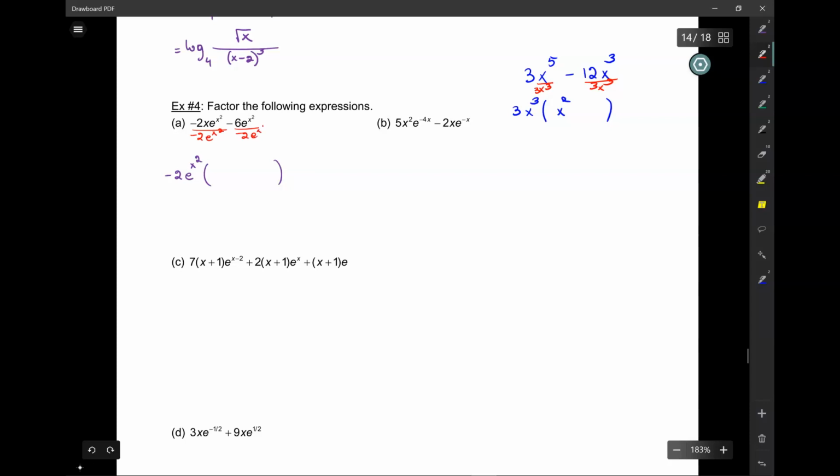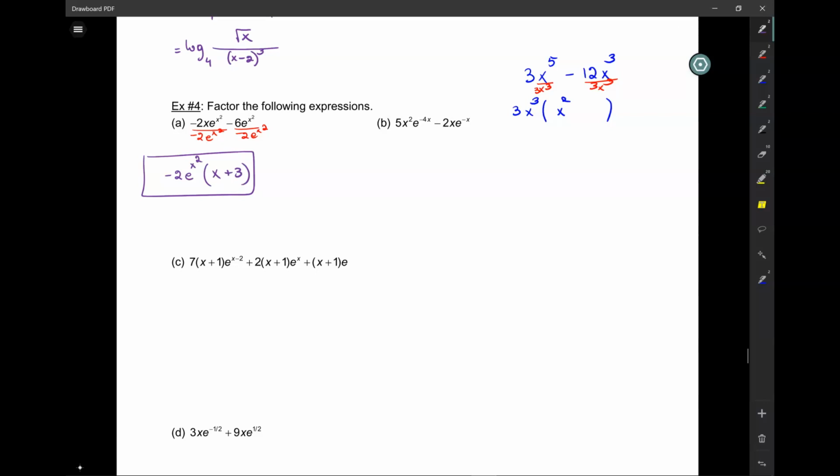From the first term, what do I have left? Just x. From the second one, +3. And that's it. We factored.